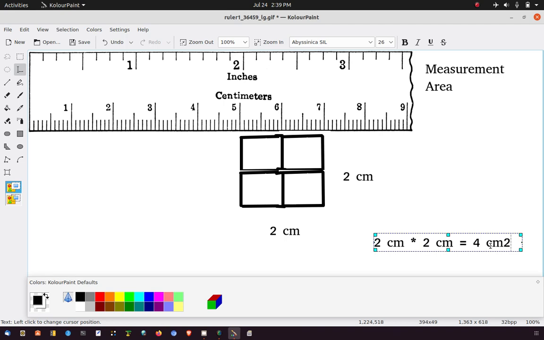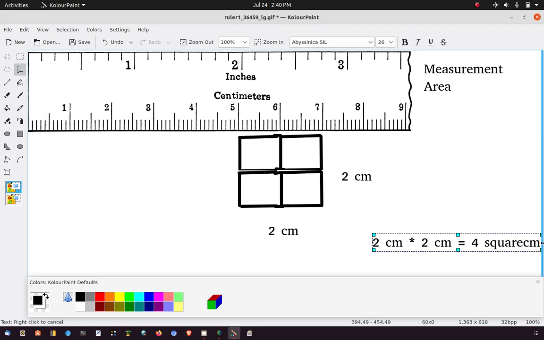You would normally write the square as a superscript, but I don't have that feature in this software, so I just put the 2 here. You can write cm2, that's the short way. I'm going to write squared centimeters, although my figure is running off the screen. So what I have here is a total of 4 square centimeters.